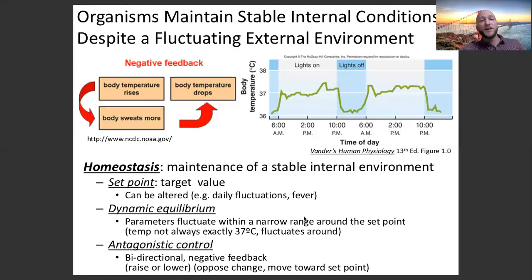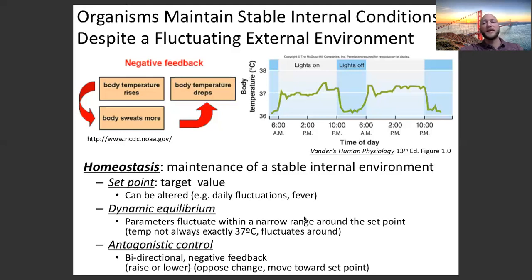In the human body, if your body temperature starts to drop, negative feedback is going to push it back up to 37 degrees Celsius or wherever your set point is at that moment. If you put on a parka and stand by a fire and you start to raise your body temperature, your body's negative feedback will resist that increase in body temperature and bring it back down. Maybe you start to sweat. Your body will resist that change.